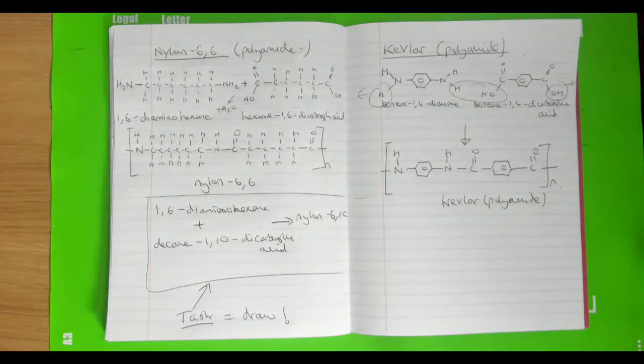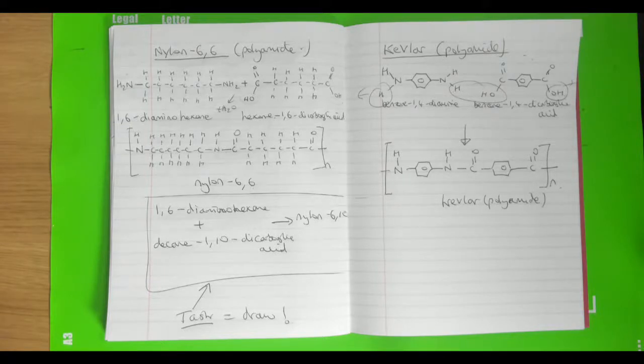Okay, so Kevlar has very different properties to nylon. Nylon you can bend around quite easily. Kevlar is relatively flexible, but you might use it to make a helmet or a bulletproof vest.